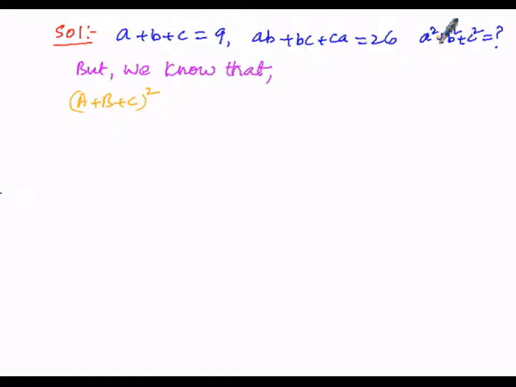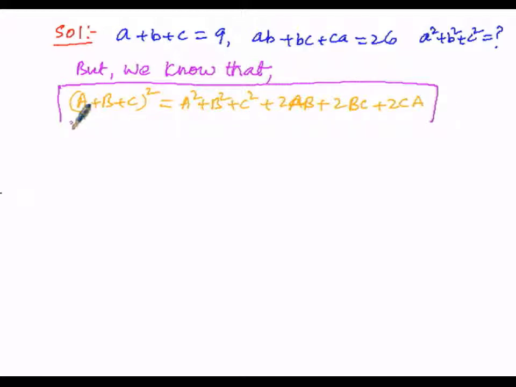Here squares are there, so we have to write this formula as (A plus B plus C) whole square equals A square plus B square plus C square plus 2AB plus 2BC plus 2CA, as per the special product. I want to find out the value, and A plus B plus C equals 9 is given.